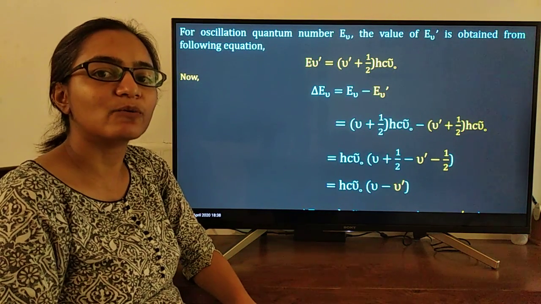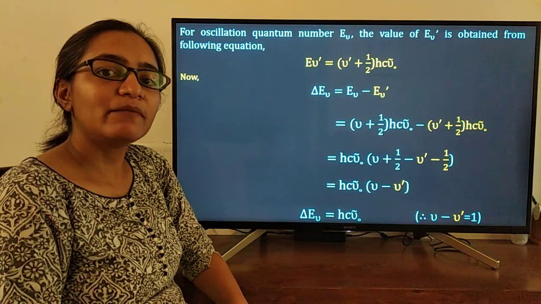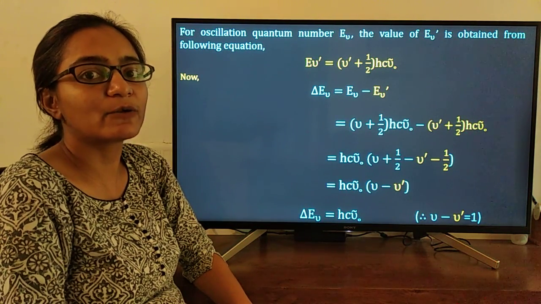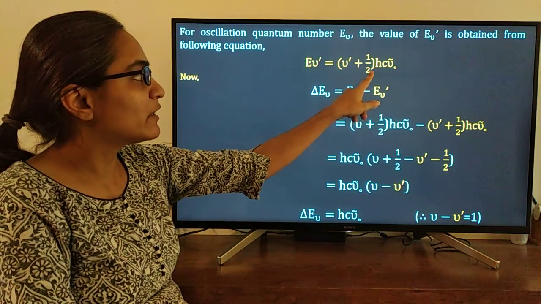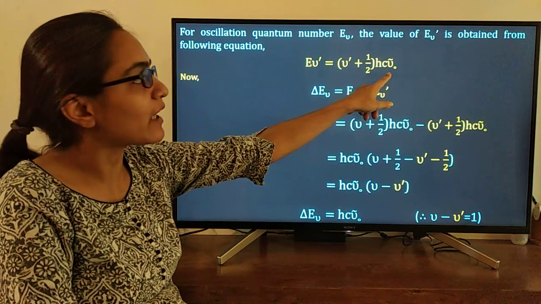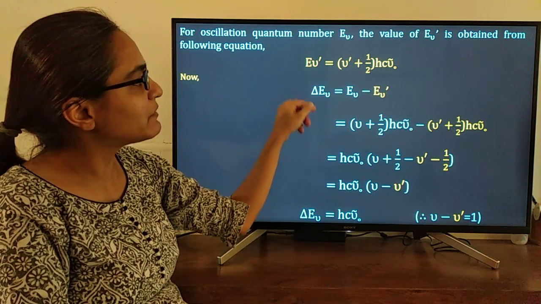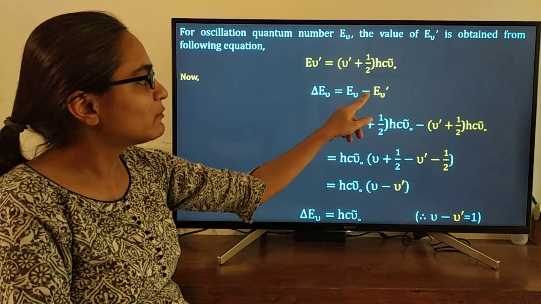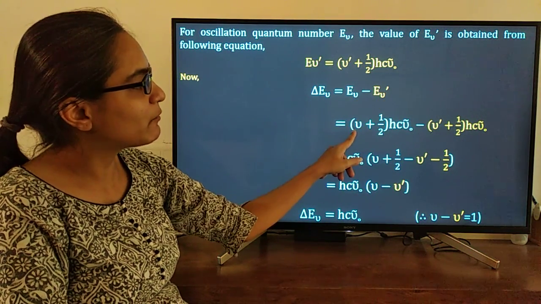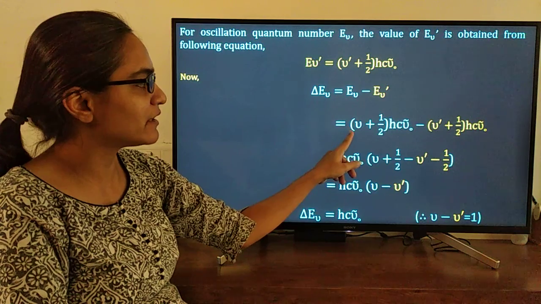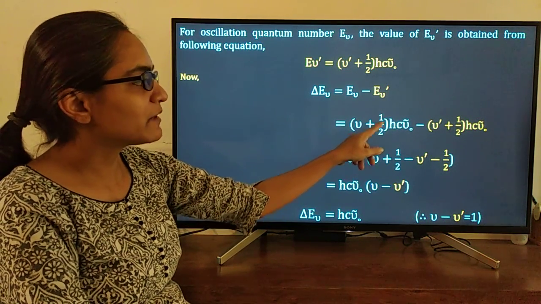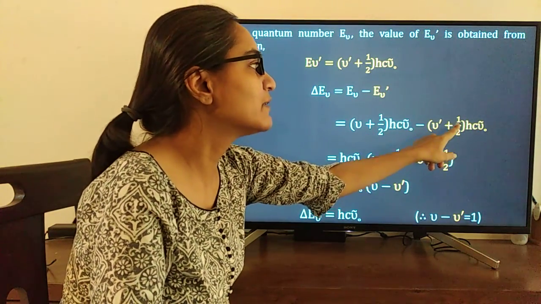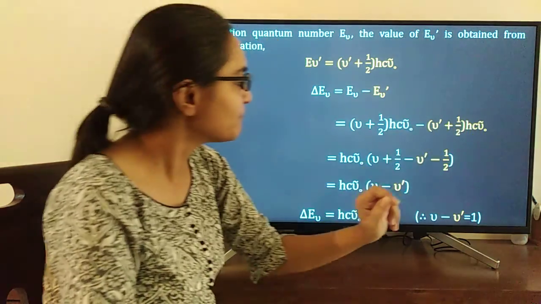and for the oscillation quantum number nu prime, E nu prime is obtained from the following equation, where E nu prime is equal to nu prime plus 1 by 2 into hc nu 0 bar. For the difference between the two vibrational energy levels, we get E nu minus E nu prime, and putting the value of both energies in the equation, nu plus 1 by 2 hc nu 0 bar minus nu prime plus 1 by 2 hc nu 0 bar.